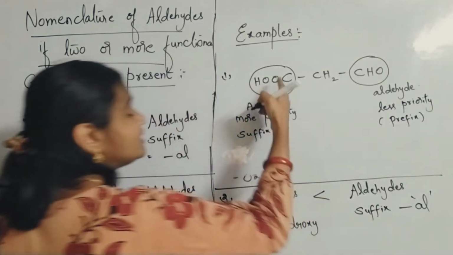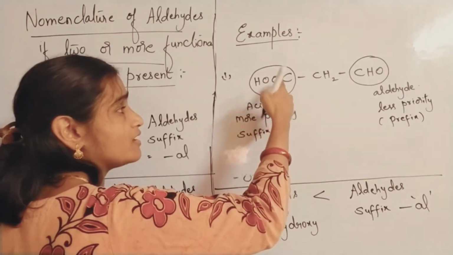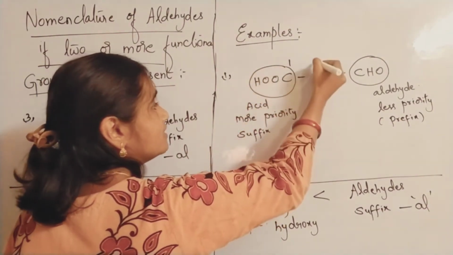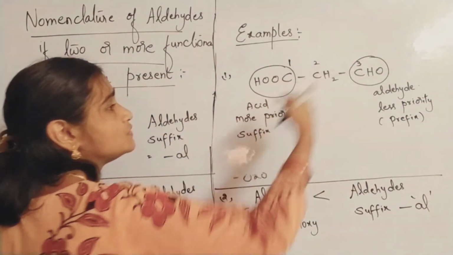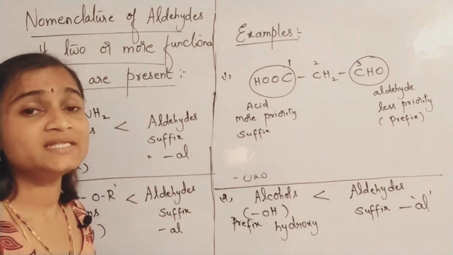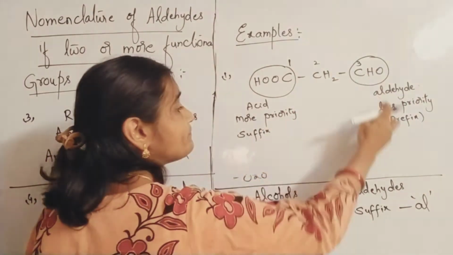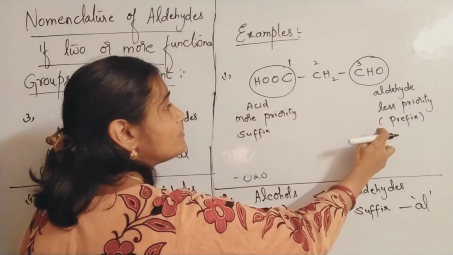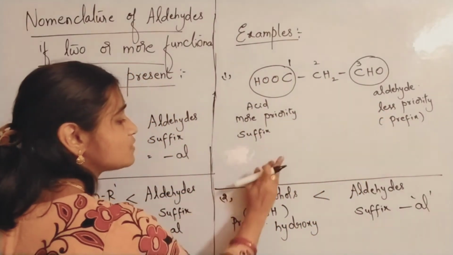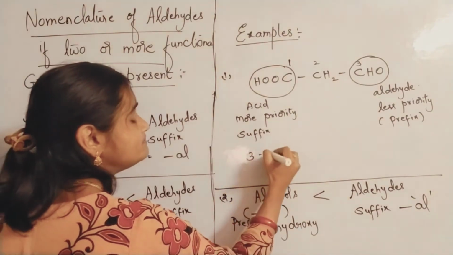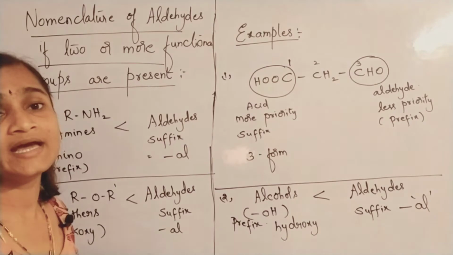Now coming to the compound, whichever is having more priority, from there you will start giving numbering. So 1, 2, 3 carbons are there. So root word will be what? 3 means prop. So in third position you are having aldehyde. So 3-formyl propanoic acid. What is the prefix for aldehyde?